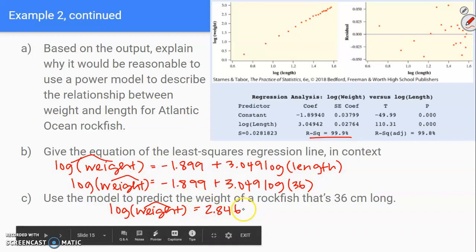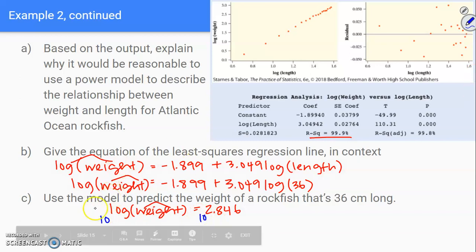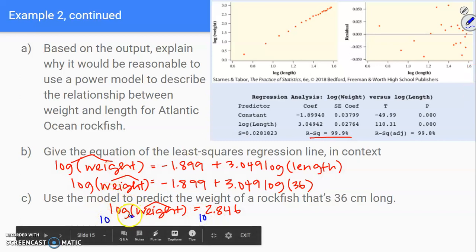And then the last little bit of algebra that I have to do in order to get the weight by itself, I need to get rid of the log. I'm going to do a little 10 to the action. That's how I get rid of that, because 10 to the log base 10 will cancel, and all I'm left with is weight, which is what I want, equals 10 to the 2.846, which is 701.7 grams.